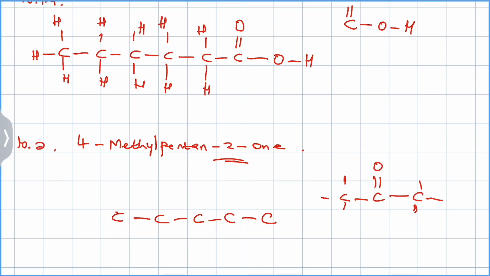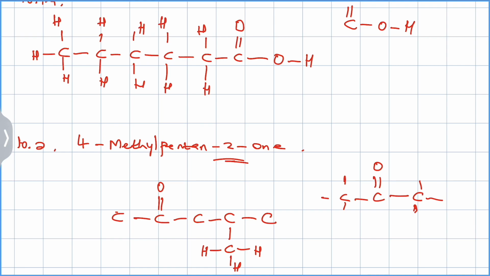So we'll put the double bond in carbon number 2, and that C is connected to this carbon and that carbon. Okay, then carbon number 4 will have the methyl, right? So we'll have the methyl. So that is 1, 2, 3, 4. So this is where we have our methyl, CH3. So that's the methyl.